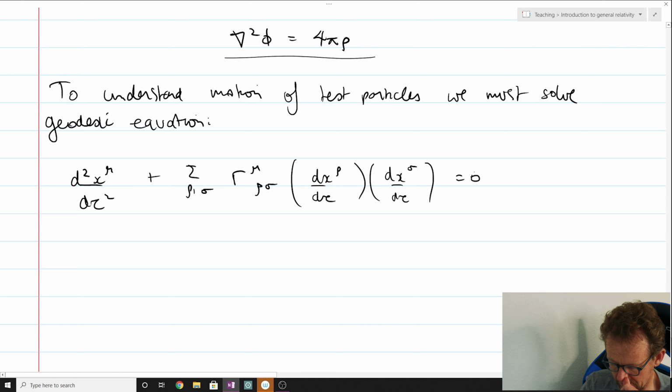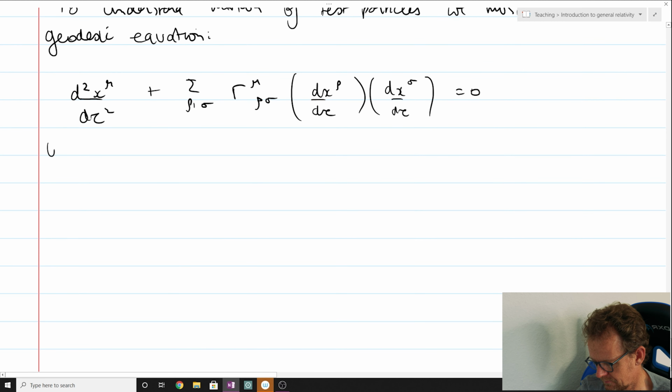So that's the geodesic equation. And now that we've got the metric, we can work out gamma, and thereby write out this differential equation and solve it and find the motion of test bodies. And this is with respect to global inertial coordinates.